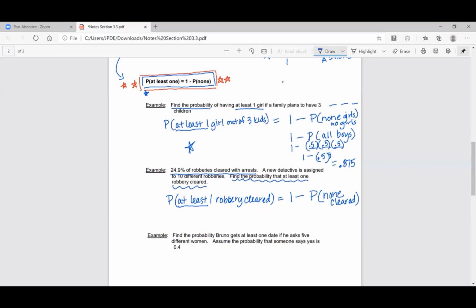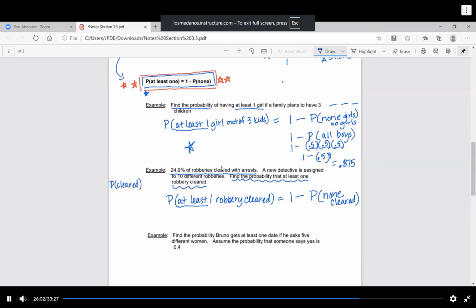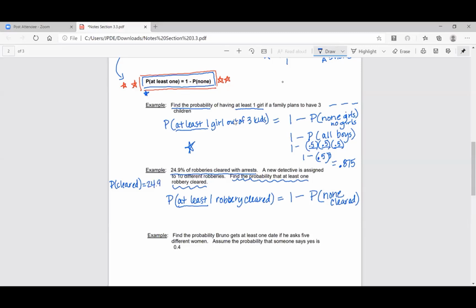Okay. The other thing that I like to do is I write down what I know. In the beginning, it said 24.9% of the robberies cleared with arrests. So the probability that it cleared with an arrest is 24.9%. Now, typically, if they give you the percentage, you're going to want to write the decimal.